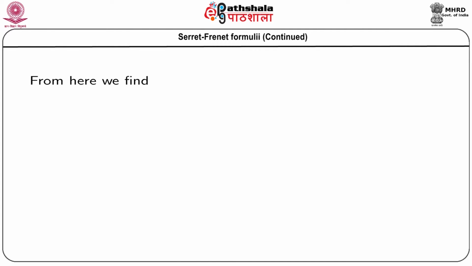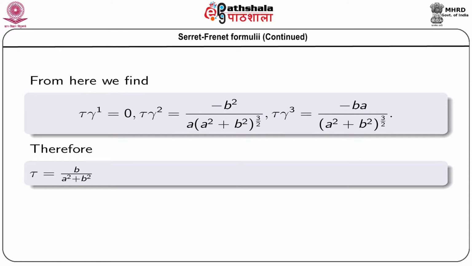From here we can find that tau gamma 1 equals to 0, tau gamma 2 equals to minus b square by a square plus b square to the power 3 by 2, and tau gamma 3 is equal to minus b a by a square plus b square to the power 3 by 2. So, tau is coming b by a square plus b square.